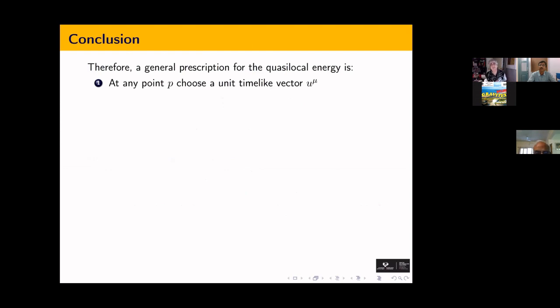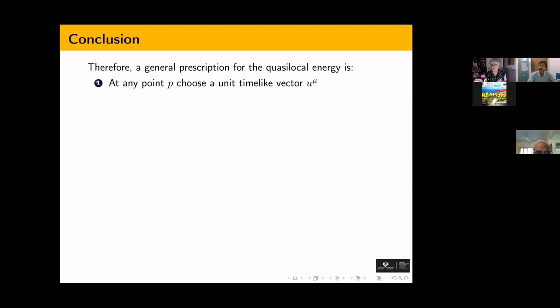Therefore, if you believe these calculations and you trust this relation between changes in geometric quantities and the strength of the gravitational field, and therefore energy density, this is what you have to do to get a quasi-local energy, including the pure gravitational one.